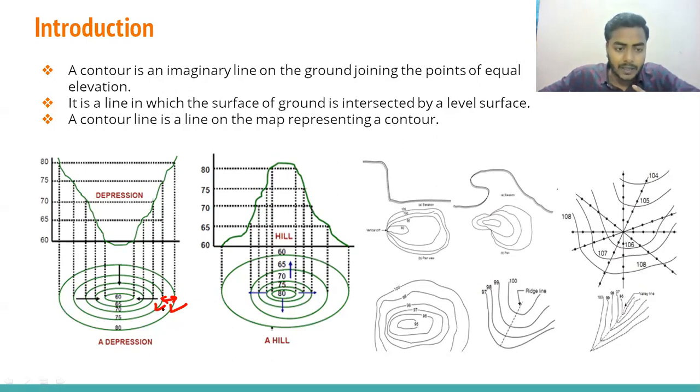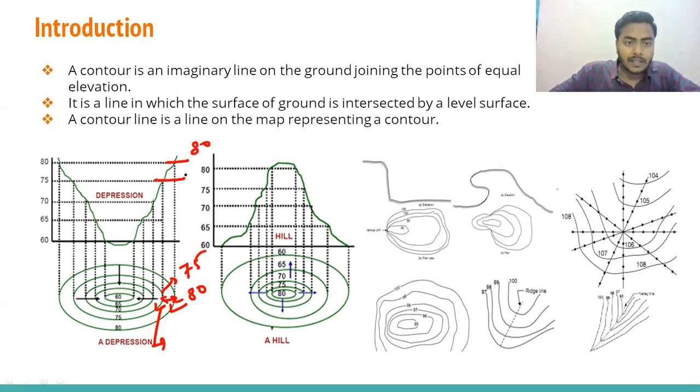So now we can calculate the contour interval for this map. The elevation of this line is 80, and the elevation of this line is 75. Elevation is given in the vertical direction. So what is the vertical distance between them? 80 minus 75 gives 5.